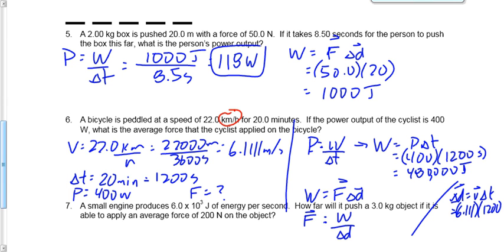And Ben, what did you get for the displacement there? 7,320 meters, which we're going to turn around and divide 480,000 joules by 7,320 meters. And what do you get for the force there, Ben? 65.6 newtons. And that seems like a reasonable number.